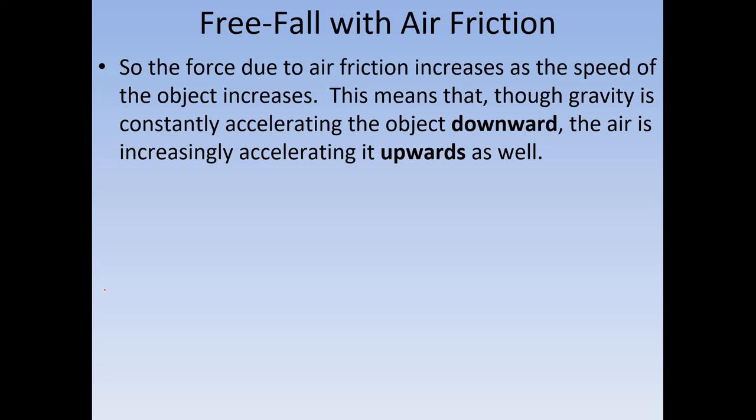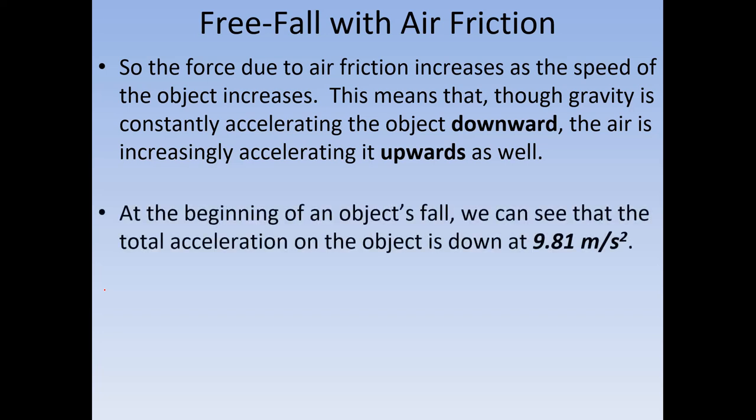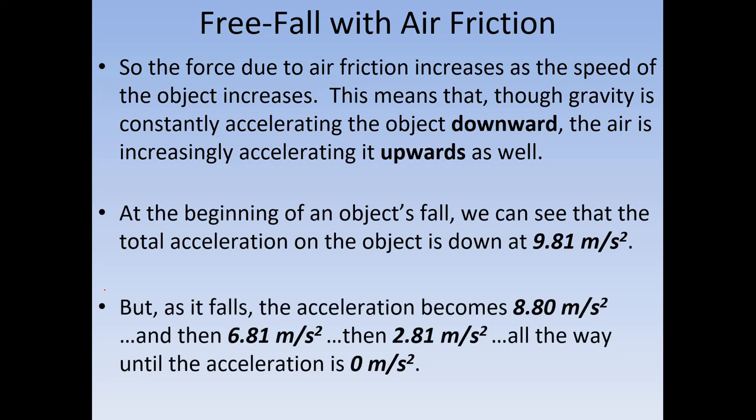Gravity is always accelerating the object downwards at a constant rate, but the air friction is going to be accelerating upwards increasingly until this point where eventually the acceleration drops to zero. Once it drops to zero, it can't get any faster. So there's no way for the air friction to start becoming net upwards.